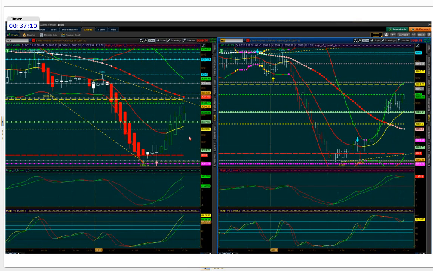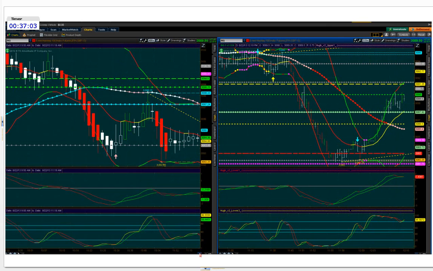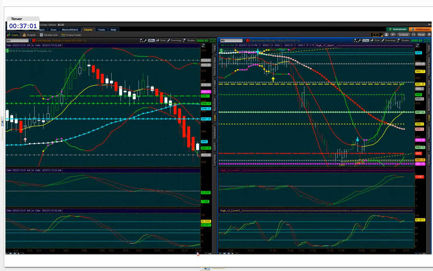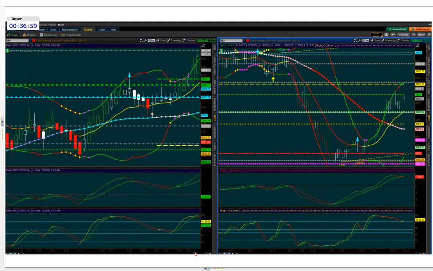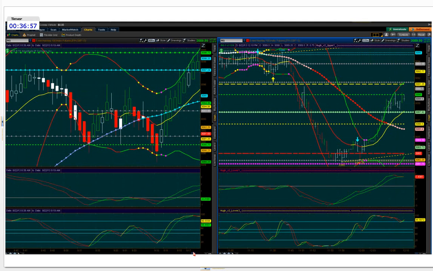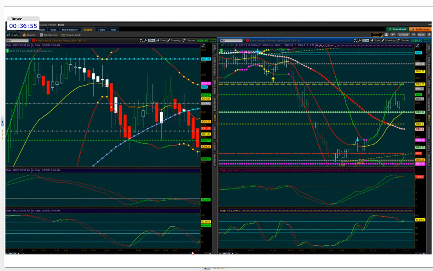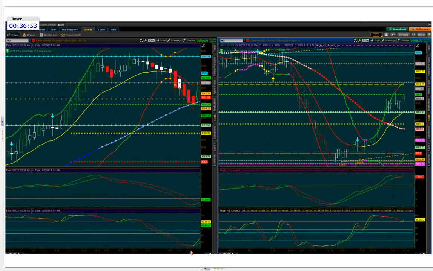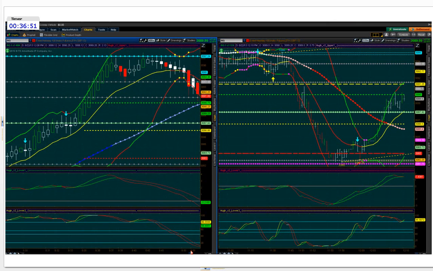So earlier in the day, the open was the best trade setup for NQ. We had some good trades right on the open. I'll show you that. Okay, here's the open. I'm shifting back here in time.